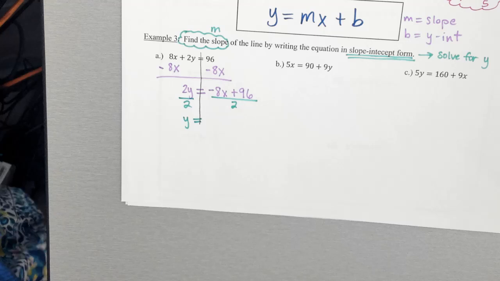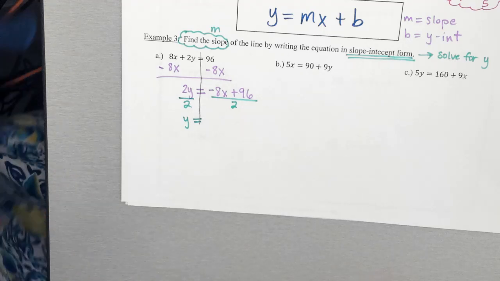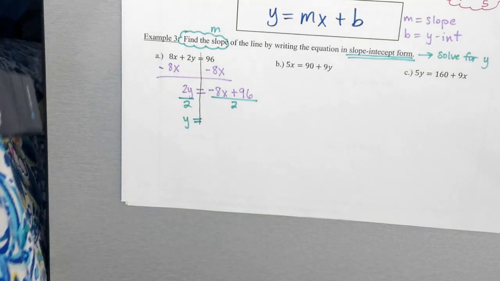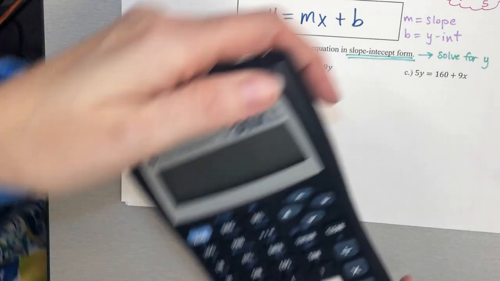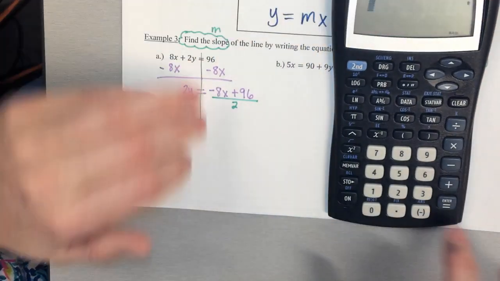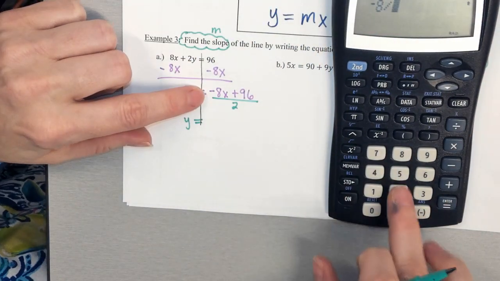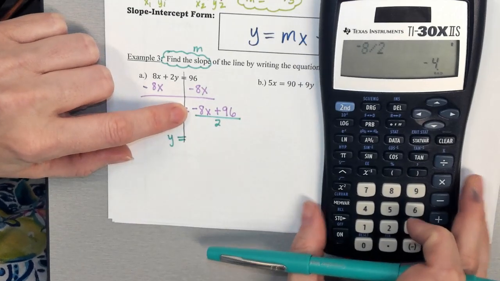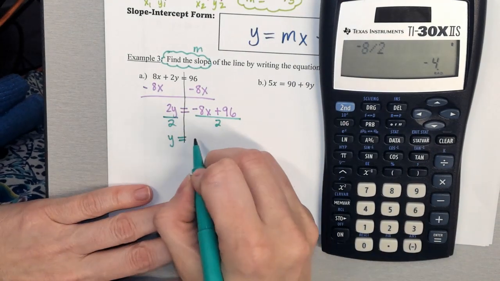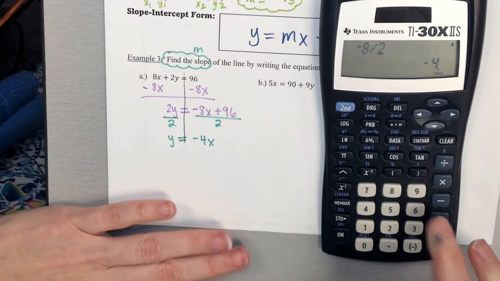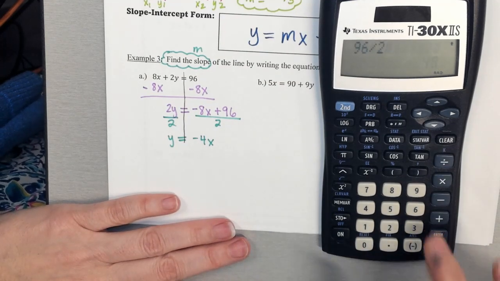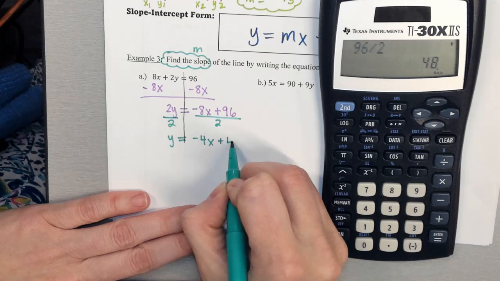So we're going to do negative 8 divided by 2, and we're going to do 96 divided by 2. So don't forget, if there's a negative symbol there, that we have to have that. Okay, 96 divided by 2 is 48 positive.